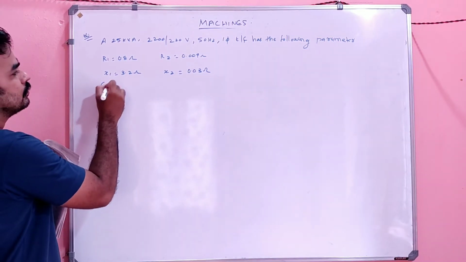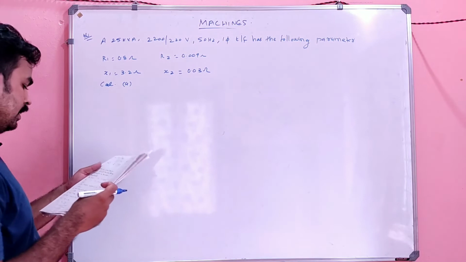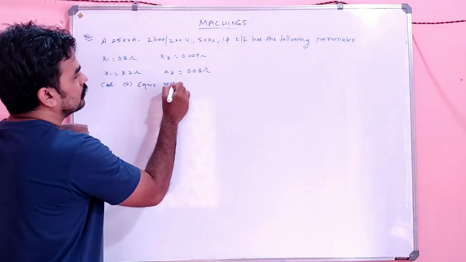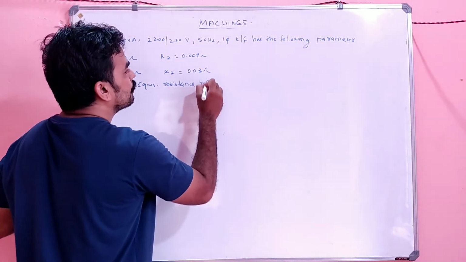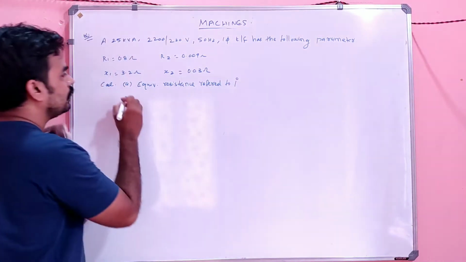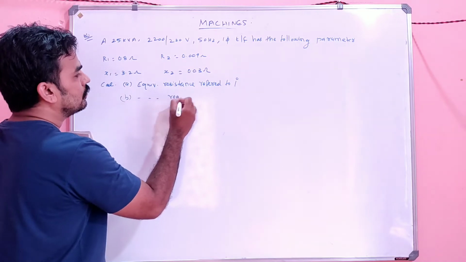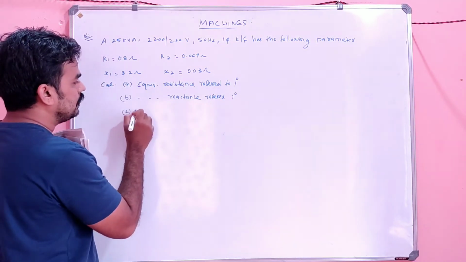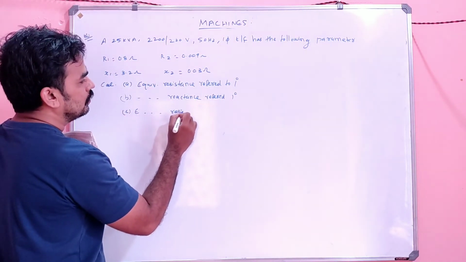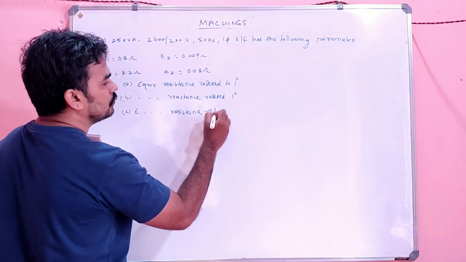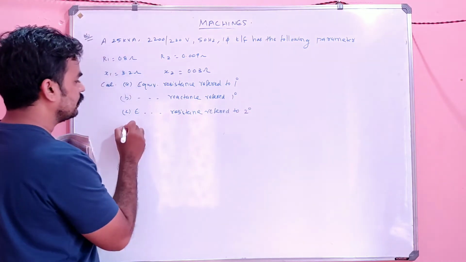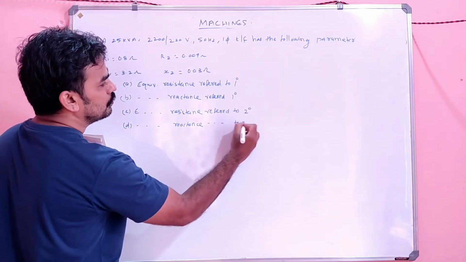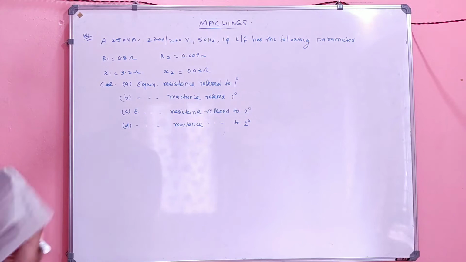Calculate: A, equivalent resistance referred to primary; B, equivalent reactance referred to primary; C, equivalent resistance referred to secondary; D, equivalent reactance referred to secondary.